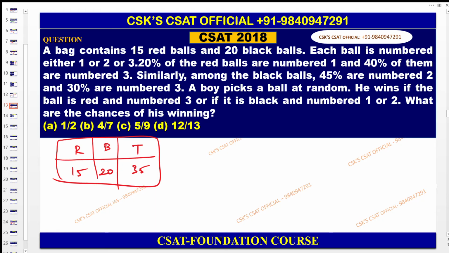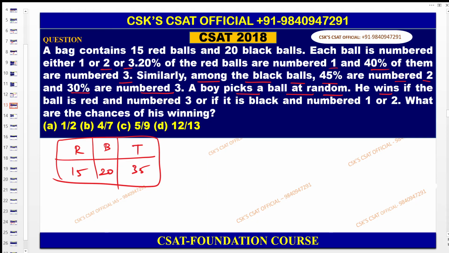Each ball is numbered either 1 or 2 or 3. 20% of the red balls are numbered 1. 40% of them are numbered 3. Similarly, among the black balls, 45% are numbered 2. 30% are numbered 3. A boy picks a ball at random.